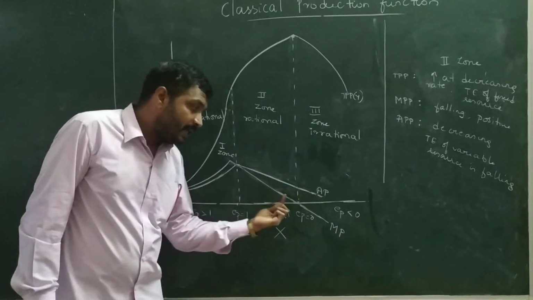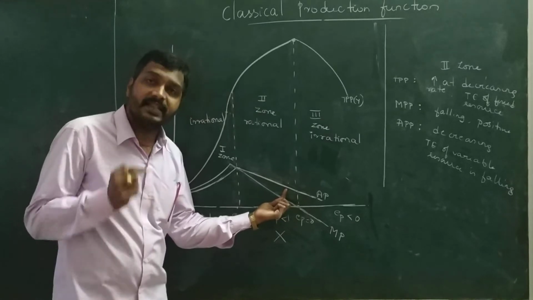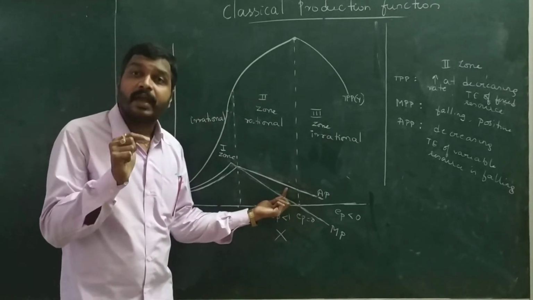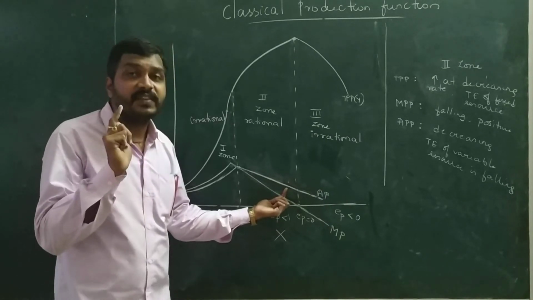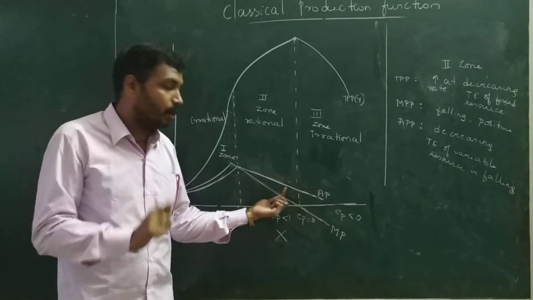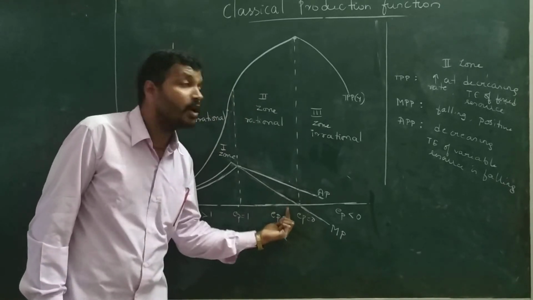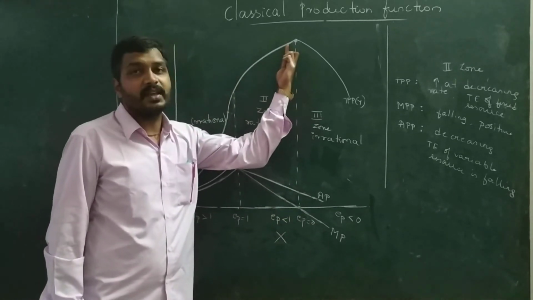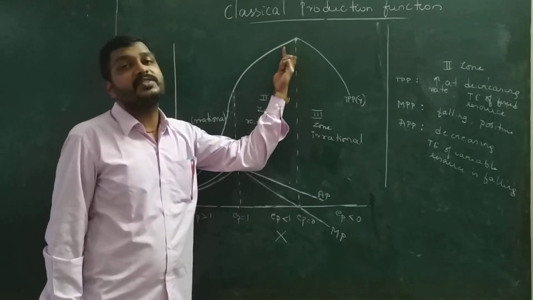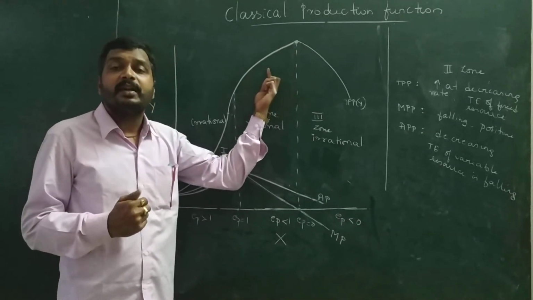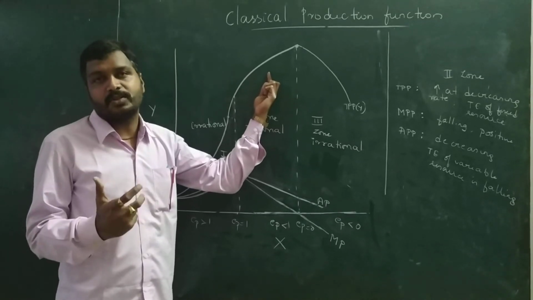Though APP is falling in the second zone, it is positive, hence it is rational on the part of the farmer to continue input application, because TPP is increasing. Technical efficiency of fixed resource is still positive. Farmer should tap the potential of fixed resource.